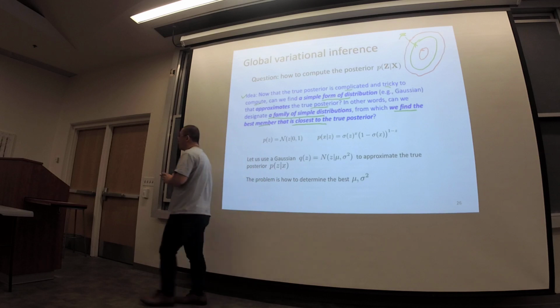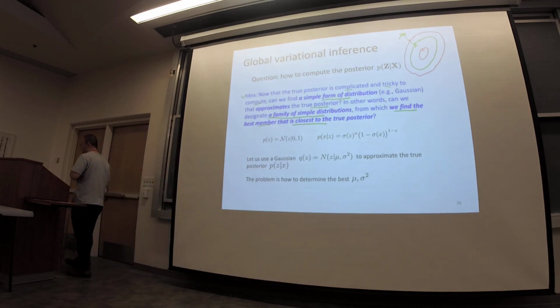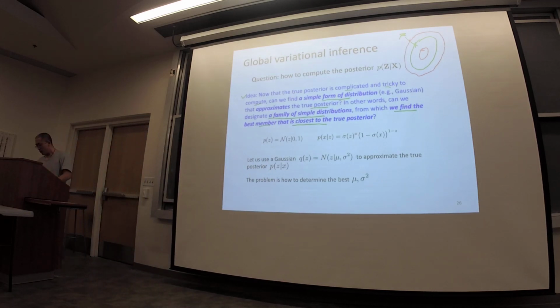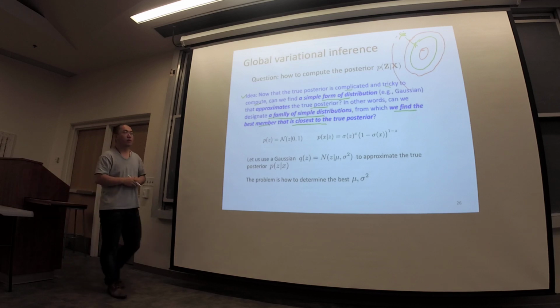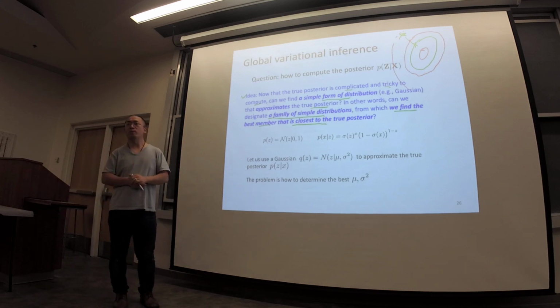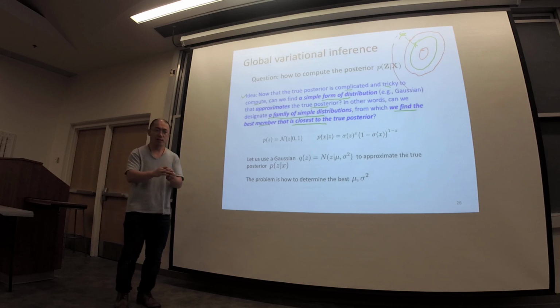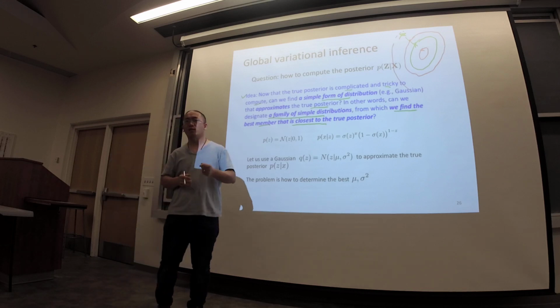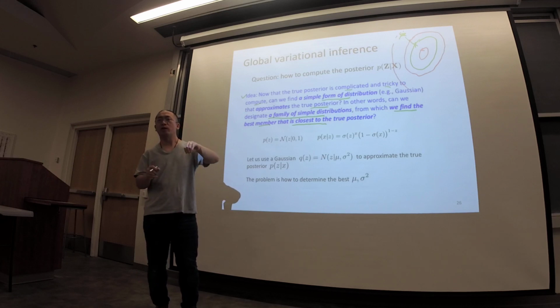And if you do not restrict the family of distributions you want to search, so your distributions cover all possible distributions, then you are doing exact inference, right? That's why it's called variational inference: you have the flexibility to designate the family of distributions you want to search.